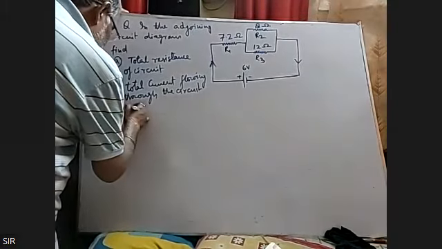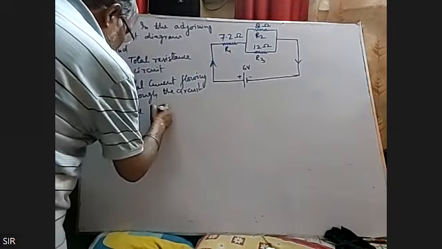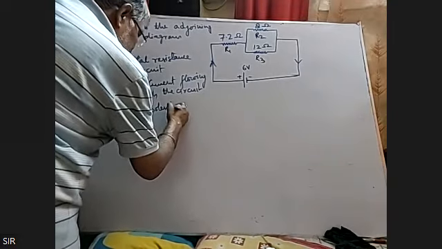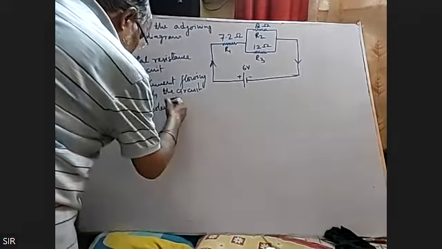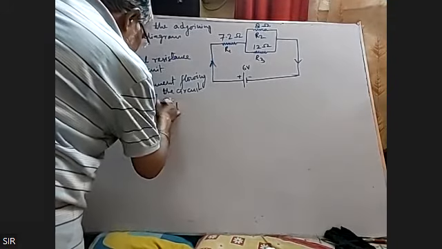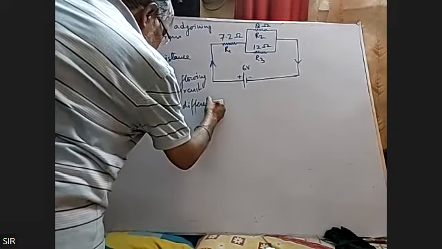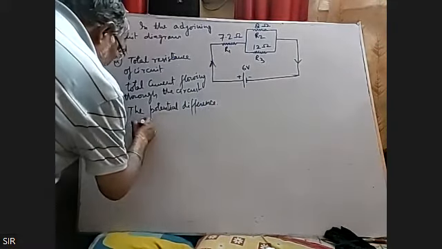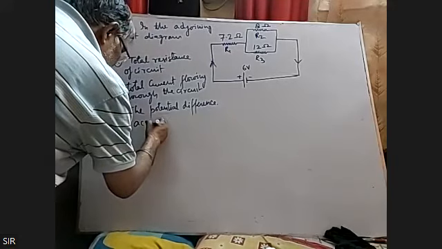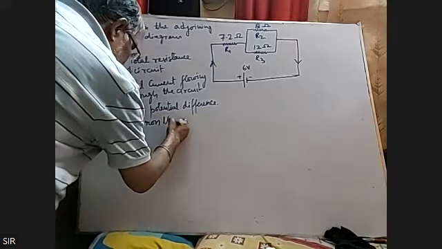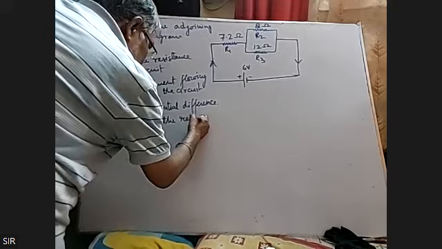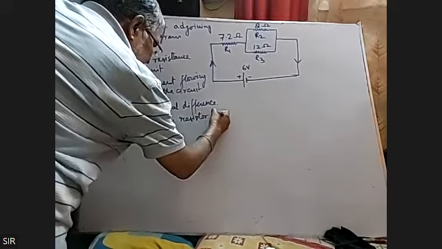C, the potential difference across the resistor R1.